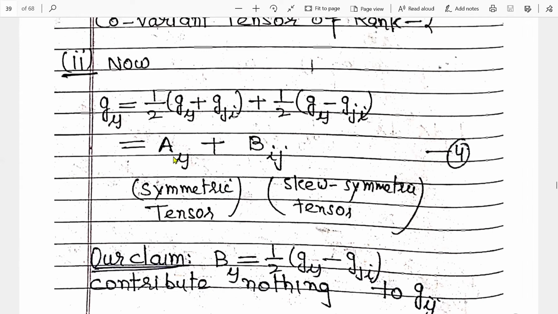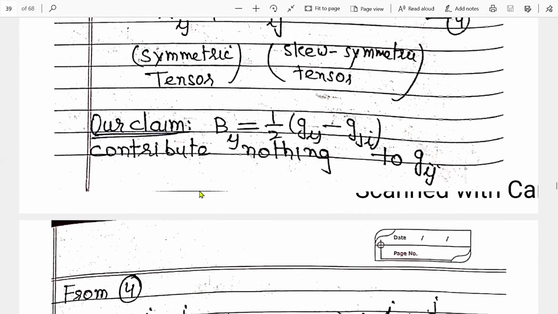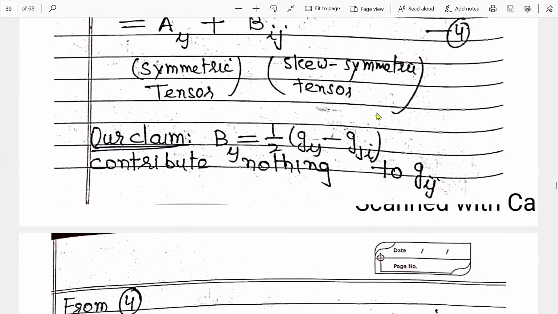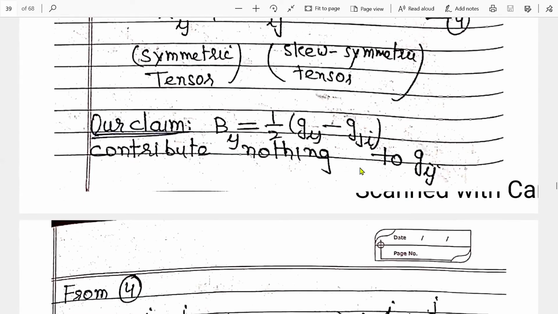So this is a symmetric tensor, this is a skew symmetric tensor. If the skew symmetric tensor becomes 0, then Gij will become a symmetric tensor. So what is our purpose? Our claim is that this Bij, the skew symmetric part, contributes nothing to Gij.